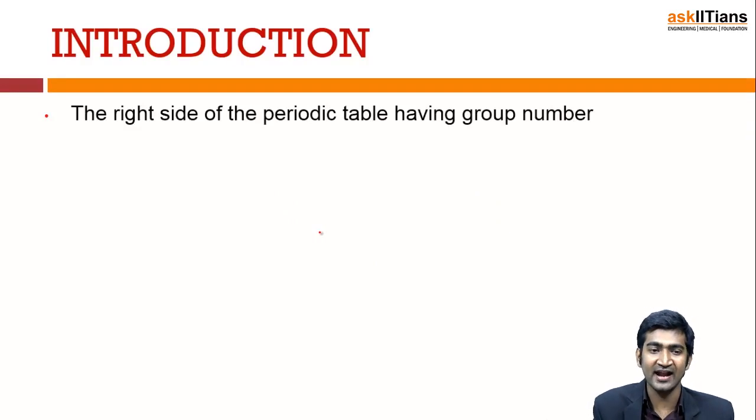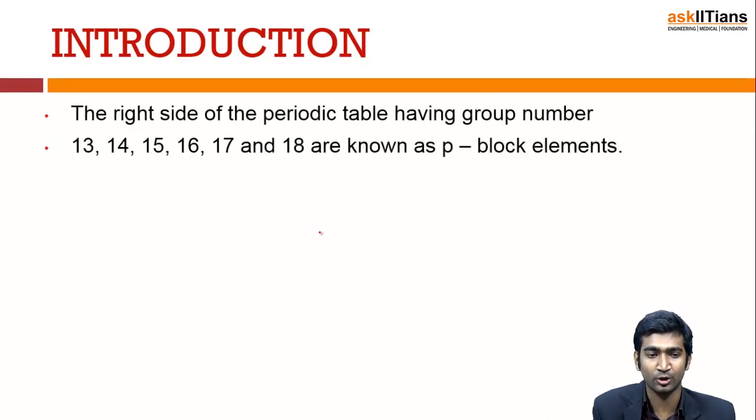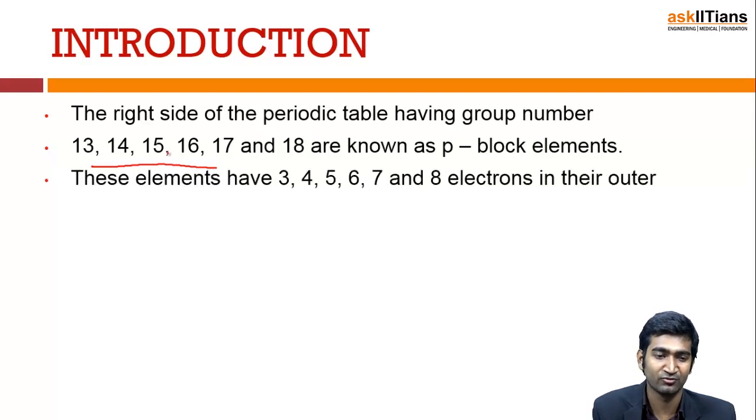It's actually the right side of the periodic table which has the group numbers 13, 14, 15, 16, 17 and 18. So they are termed as your P Block Elements. You can see 1, 2, 3, 4, 5, 6. So they total 6 columns or 6 groups in this P Block.